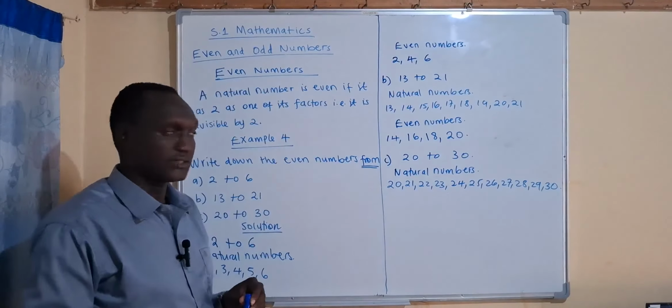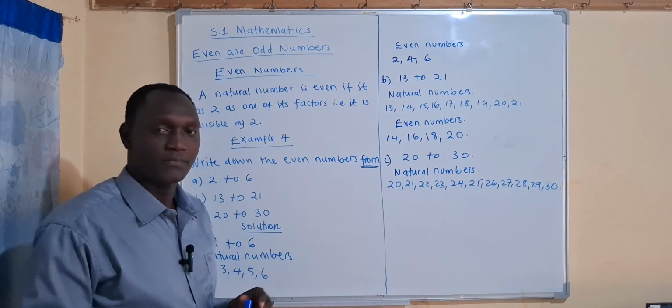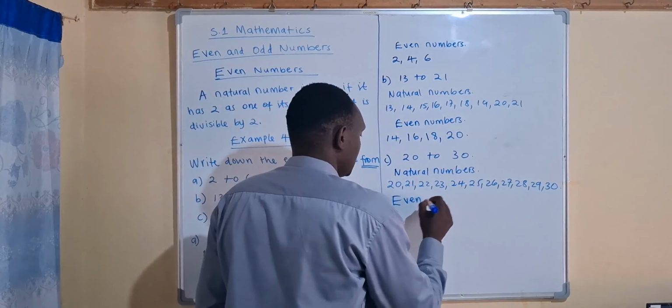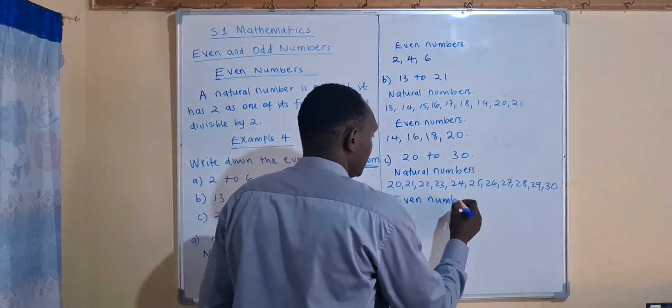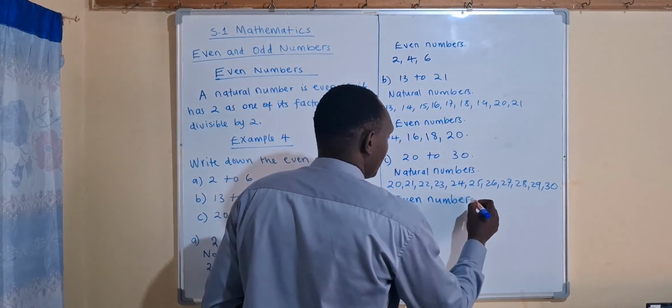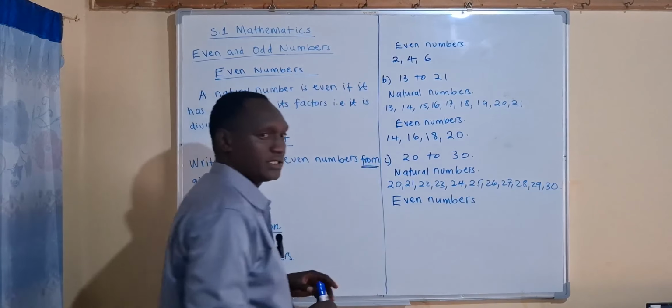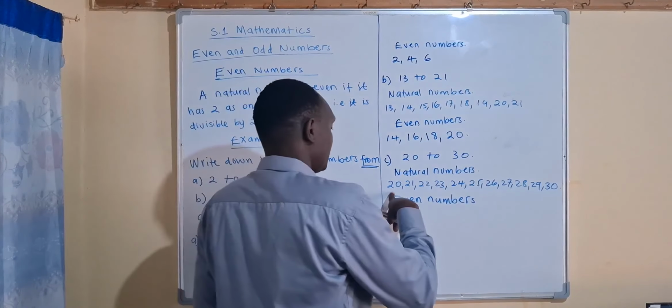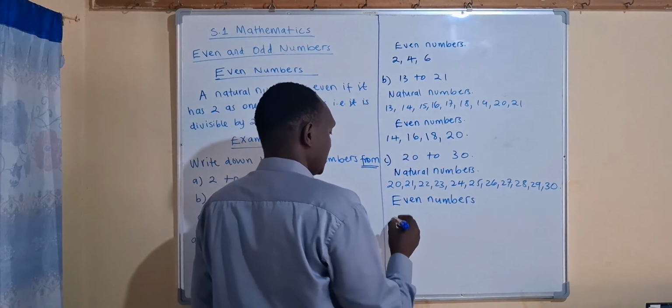After listing those natural numbers, we are going to look for even numbers. Simply, we divide each of these numbers by 2, and if there is no remainder, that number is an even number. For example, 20 divided by 2 is 10 and the remainder is 0.